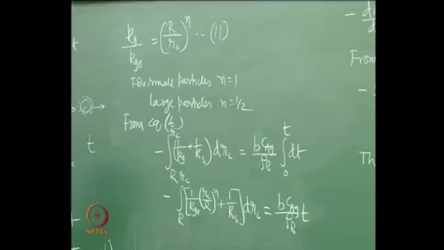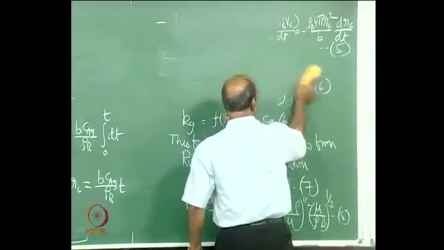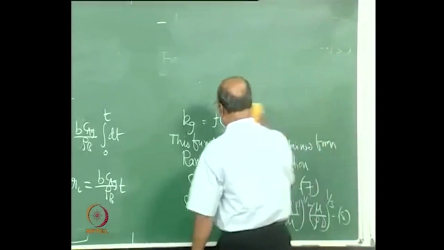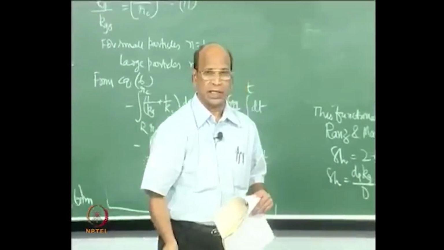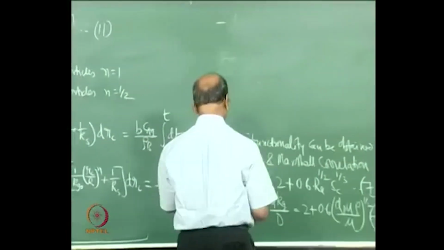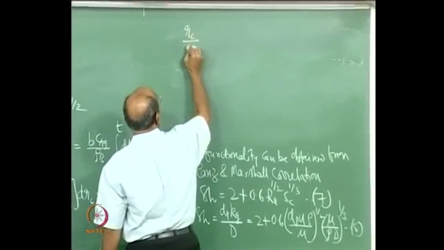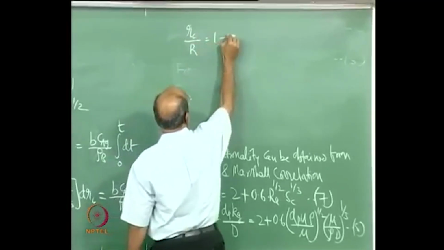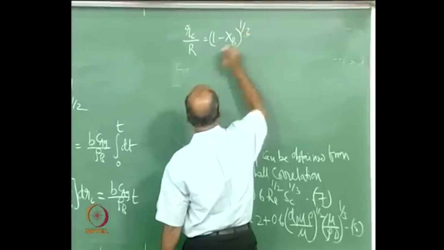Okay. We also have an equation for RC in terms of XB or XB in terms of RC. Correct? You know that. So, what is that equation? Yeah, we have RC by capital R equal to 1 minus XB power 1 by 3.